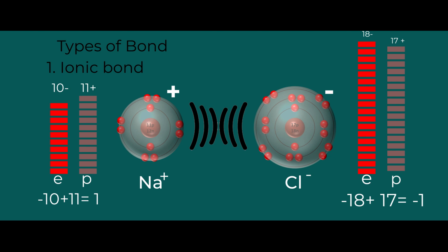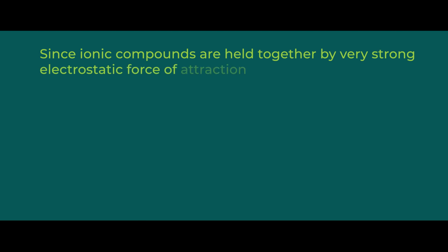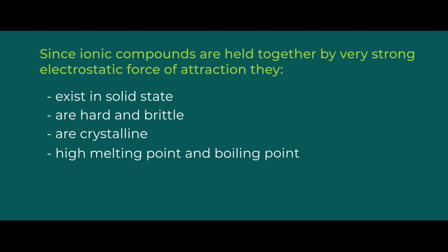And this is how an ionic bond is formed. Since ionic compounds are held together by a very strong electrostatic force of attraction, they exist in solid state, they are hard and brittle, they are crystalline in nature, and they have high melting point and boiling point.